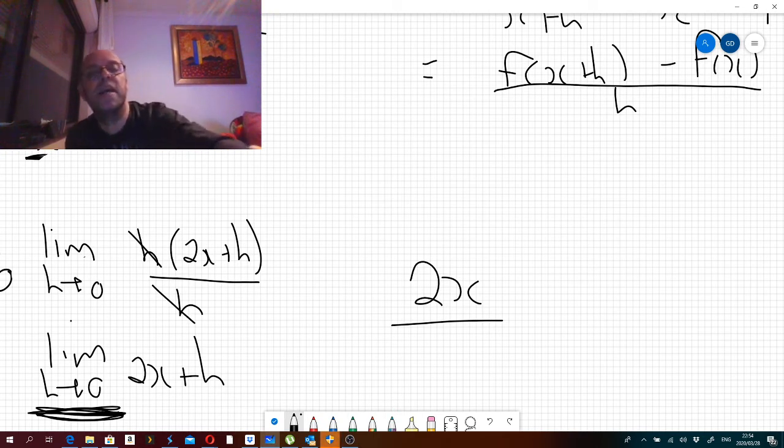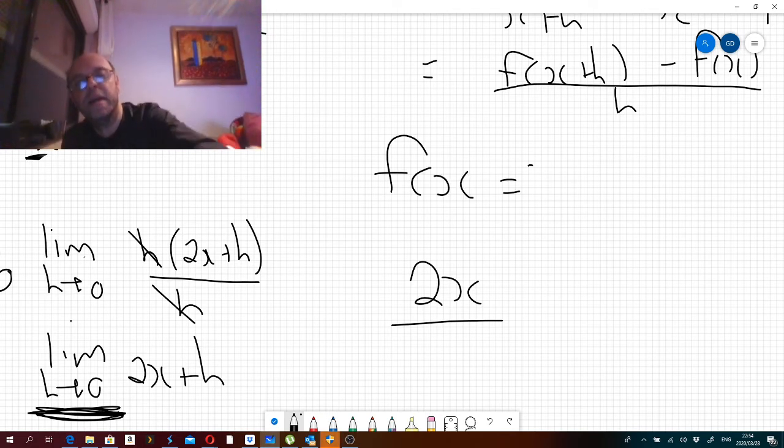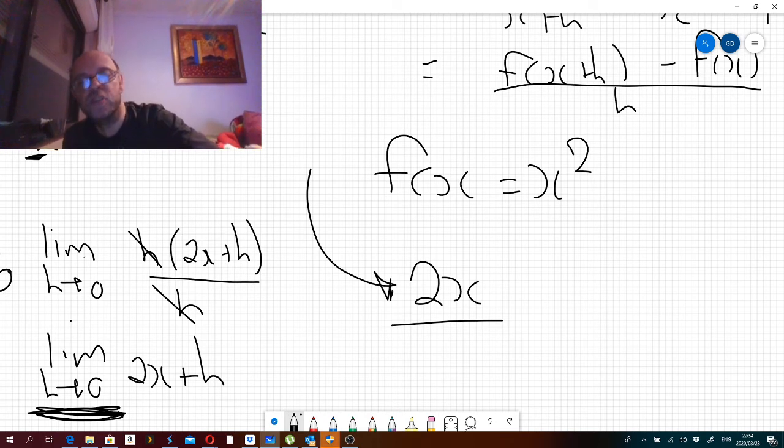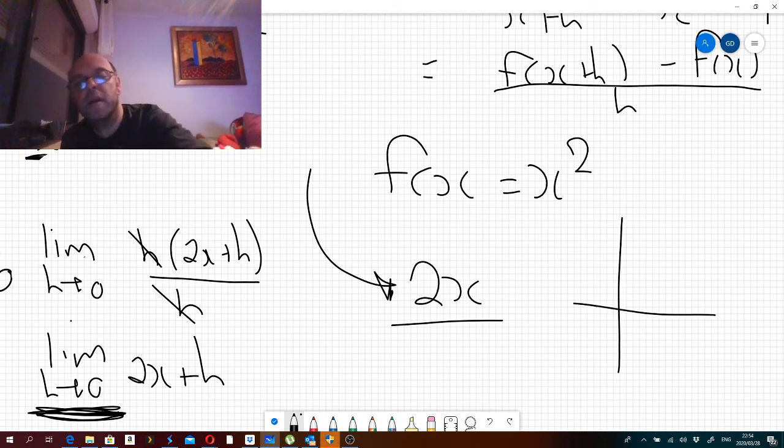So what we're saying is, if I have the function x squared, then the gradient of this function is 2x, which is still a function. What this means is, if we look at the graph and plug in a value for x, let's take 1.